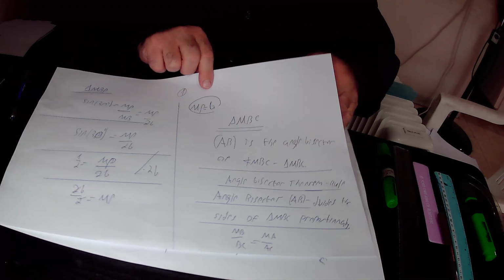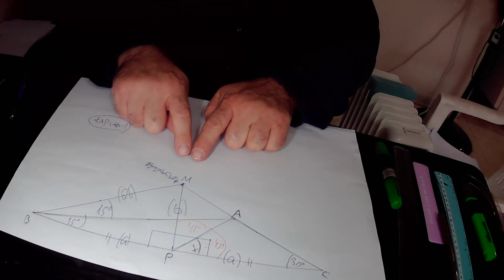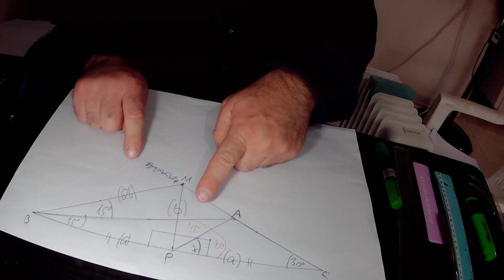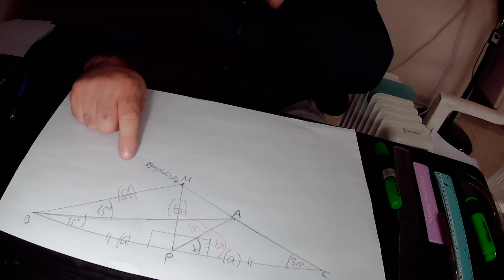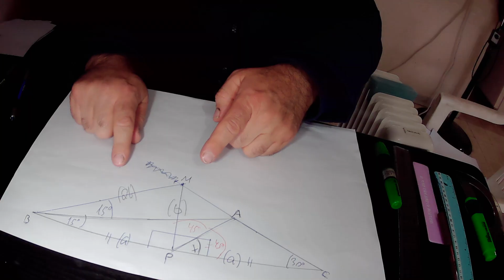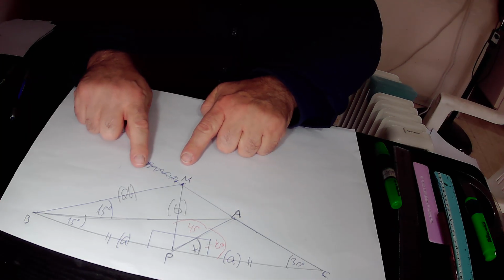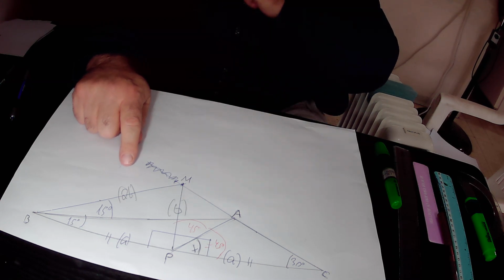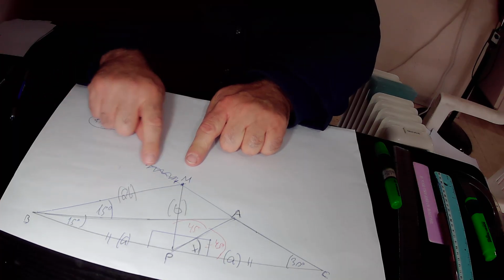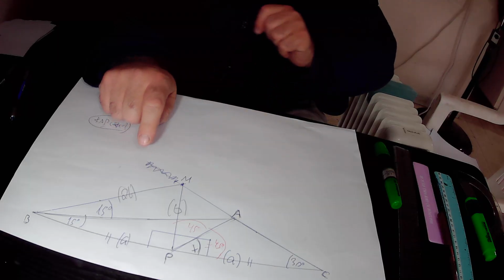In conclusion, if the hypotenuse MB equals 2b, then the perpendicular MP must be equal to b. Actually, the hypotenuse MB is twice as long as the perpendicular MP. Okay?